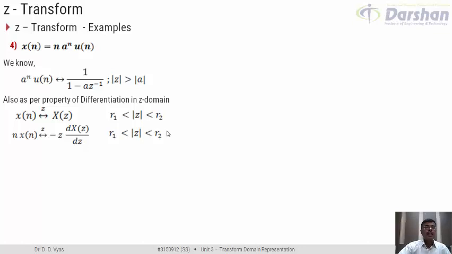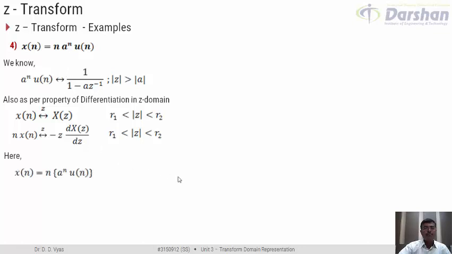Right? So if I want to find the Z transform of n a raised to power n un, I already know the Z transform of a raised to power n un. Then the Z transform of n a raised to power n un would basically be minus z times the differentiation of this term.